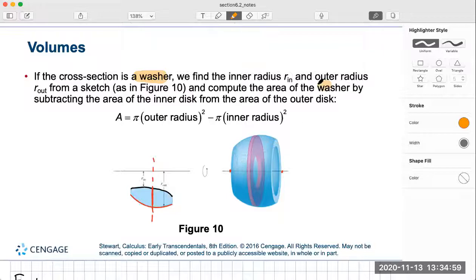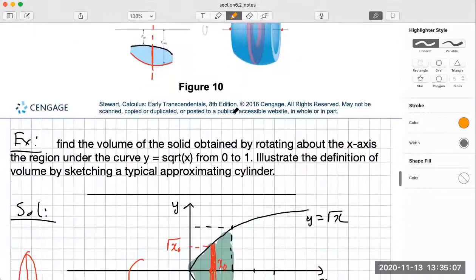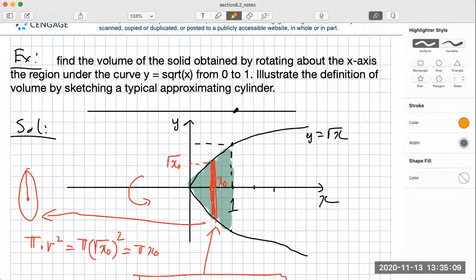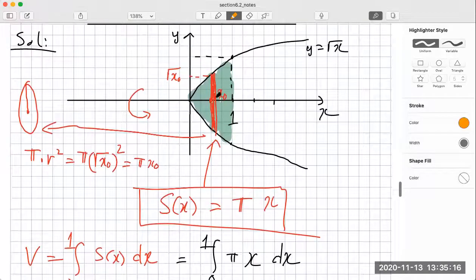So the integral of this guy, the similar problems we did here, was the integral from 0 to 1 of the area of each of them here.